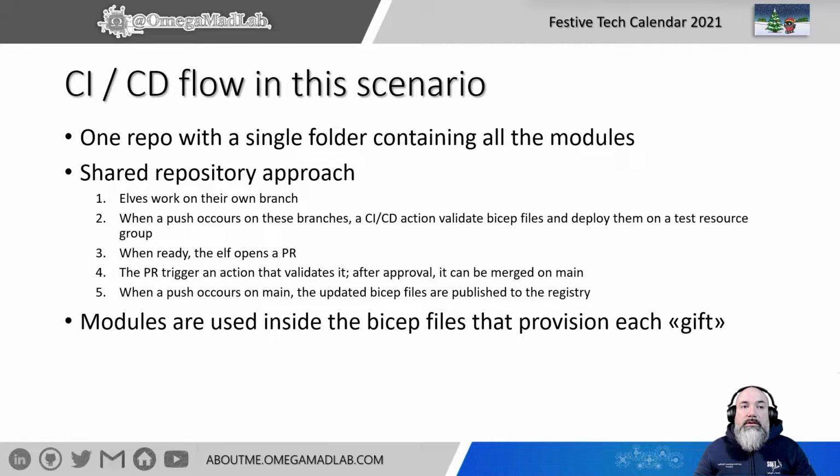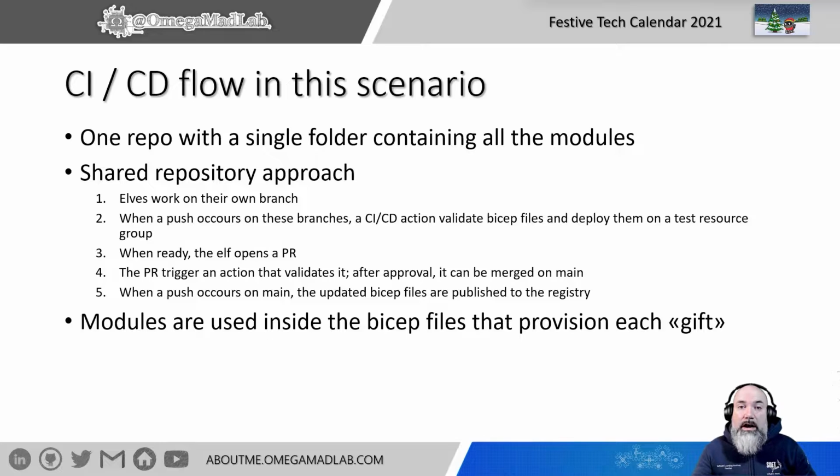Once published, the Bicep files that generate the gifts can consume the modules from the registry. As of now, the Bicep registry is a private resource that resides in the elves' subscription. This means that they can't send the gift Bicep files directly to John and Lucy, because if they want to use them, they can't reach the elves' Bicep registry.